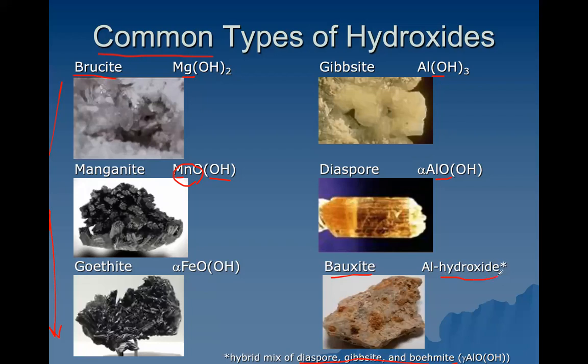But since all are hydroxides, it is considered as a complex compound made of hydroxides. So bauxite, basically these are aluminum ores, right? Aluminum ore means it's an ore deposit which you use to extract aluminum.